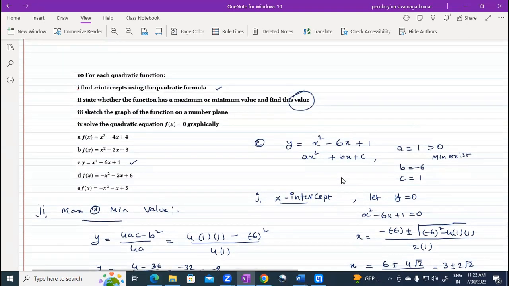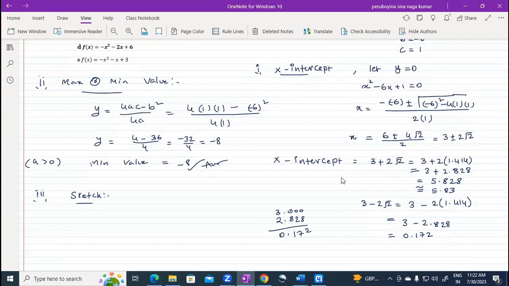Next, sketch the graph of the function on a number plane. We already calculated the y value, it is minus 8. And we need to calculate the x value. What is the x value? Minus b by 2a. Minus b means minus of minus 6, over 2 into a, it will be 3.